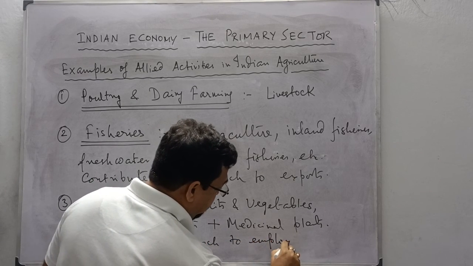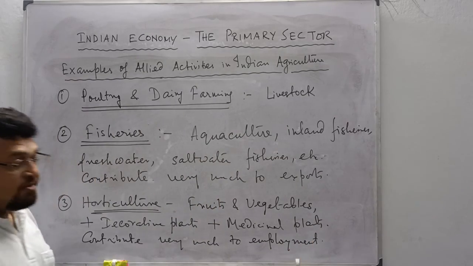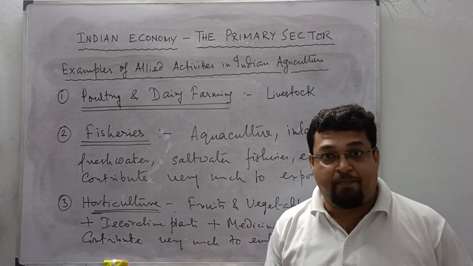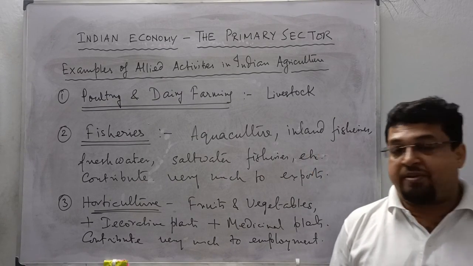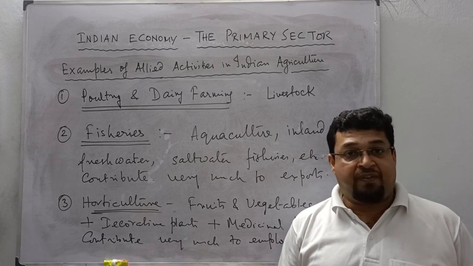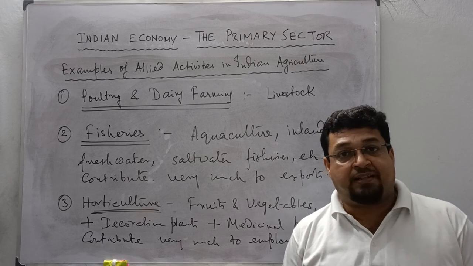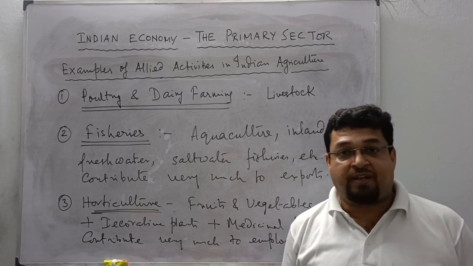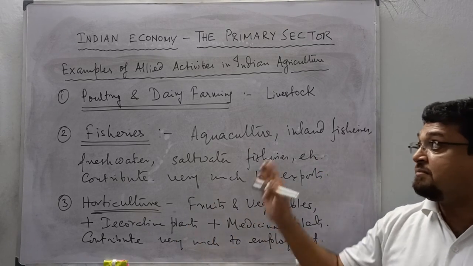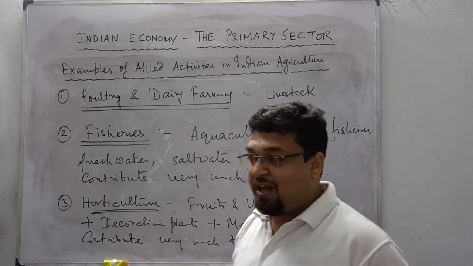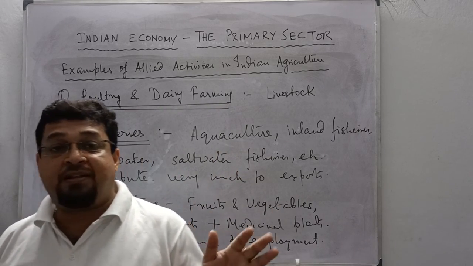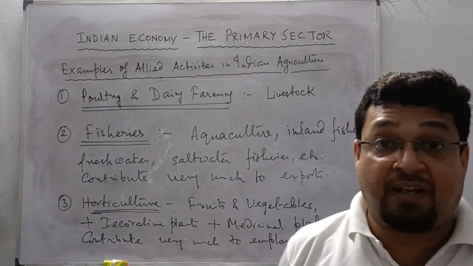So we have discussed the definition of the primary sector, the agricultural sector and the allied activities. Along with these three, you have examples like mining, quarrying and forestry, but these are basically the most significant ones.